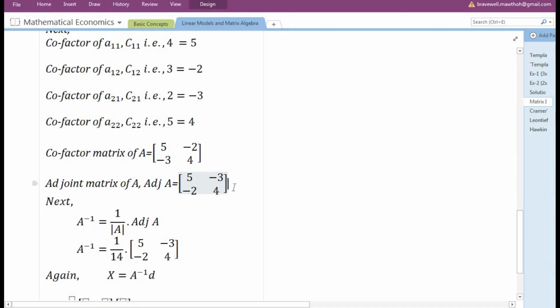The problem which they have given us is simultaneous equations, and they have asked us to find its solutions. Now this is the matrix inversion formula. X is equal to A inverse times D. A inverse we have just found, which is this. Now what is D?